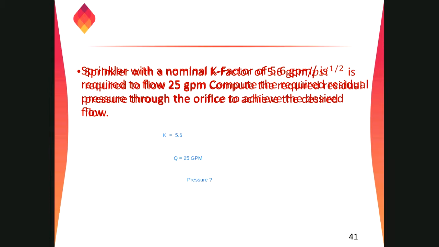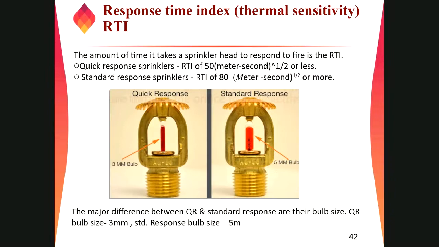Okay, I'm coming back directly to the answer. I will just wait for one more candidate if he can give the values, and then I will go to the answer directly. Yeah, exactly. 20 psi is the correct answer.